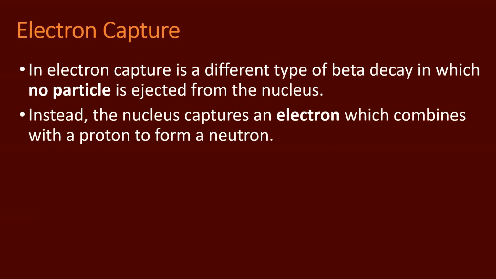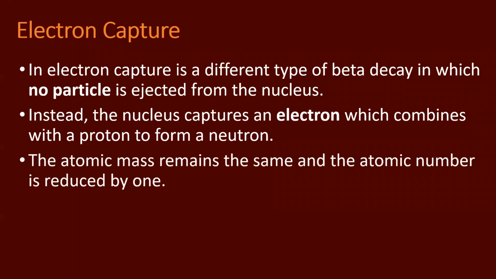The nucleus is going to capture an electron, and it's going to combine with a proton to make a neutron. Let me say that one more time: an electron gets captured by the nucleus, and that negative electron combines with the positive proton to make a neutron.